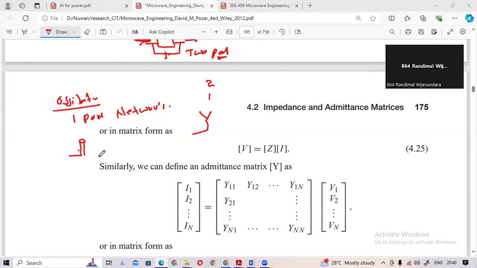No, if you consider an antenna, how many ports are there?